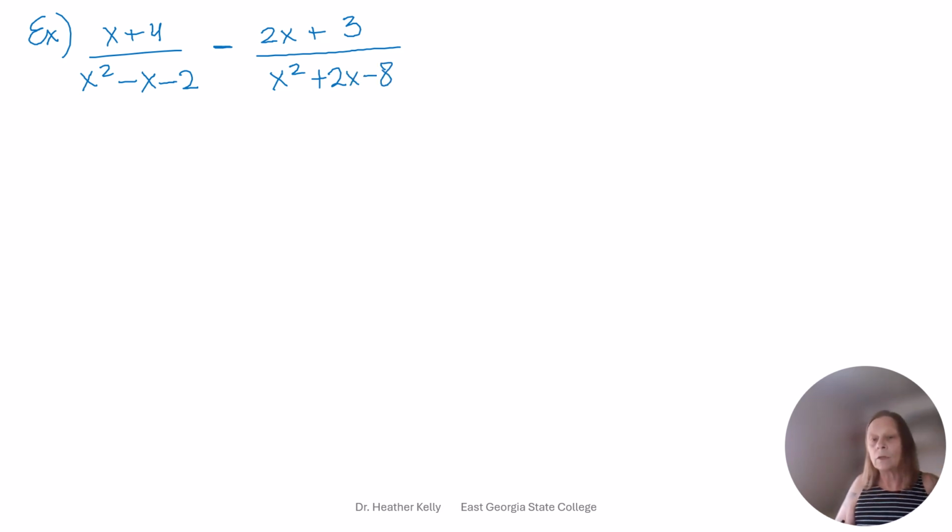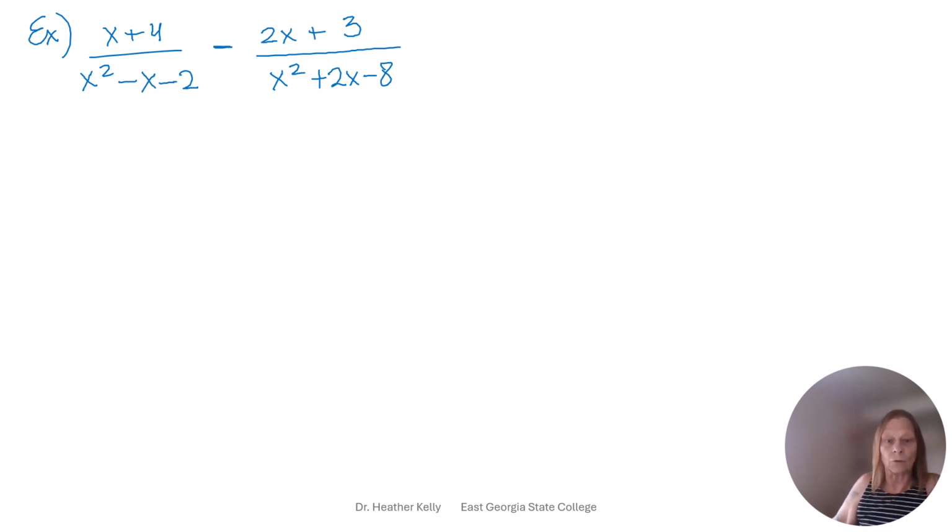Now, notice also that almost all of the examples I'm doing today have subtractions in them. You will come across them with additions, but I wanted to do the subtraction ones with you so that you could be cognizant of the fact that you've got to distribute those signs through. So my examples have been picked out just to point out some of the little tricks that you might forget about from when you learned how to do this before.